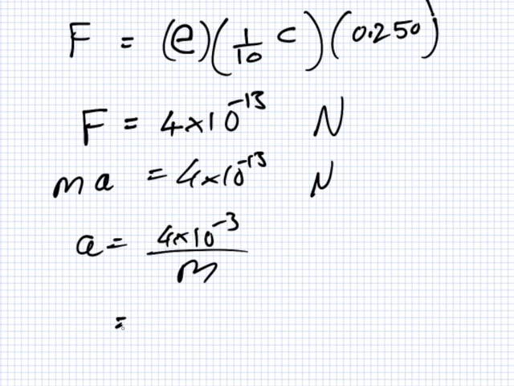No, it's not the same. Sorry, it's electron, isn't it? That's a minus 13, by the way. So I get here a huge 4.4 times 10 to the 17 meters per second squared.